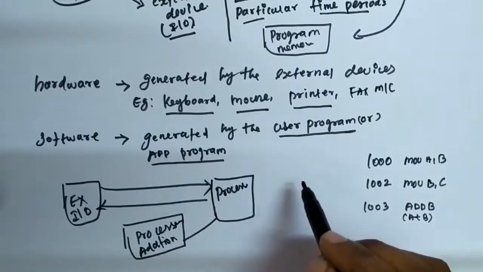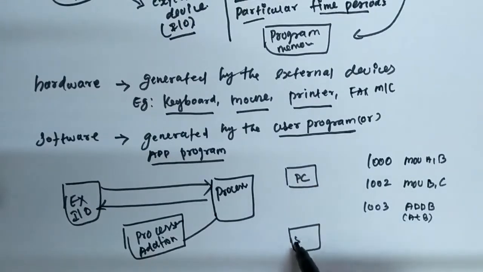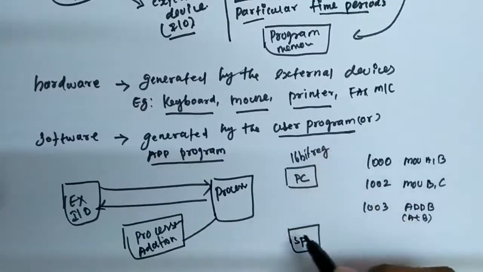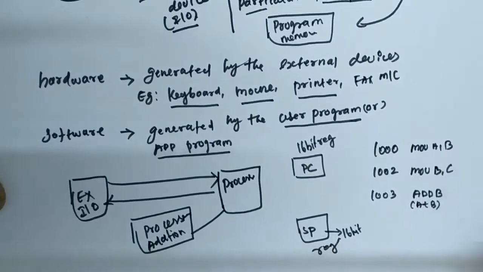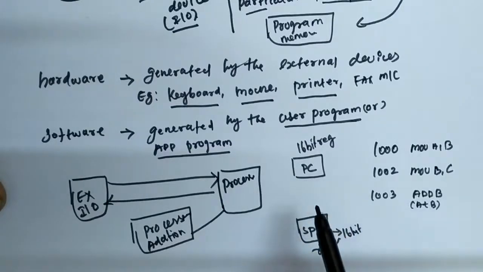In the processor we have two registers, namely the program counter and the stack pointer. Both are 16-bit registers. The function of the program counter is to hold the memory location from which the processor will fetch the next instruction.